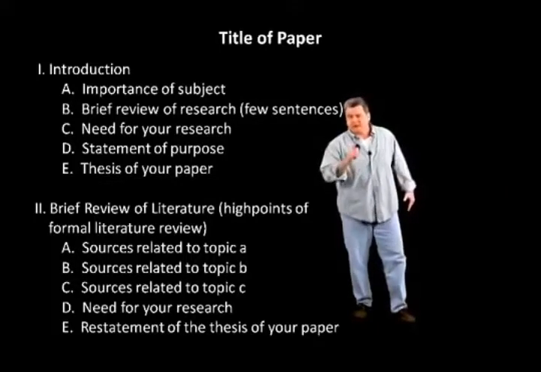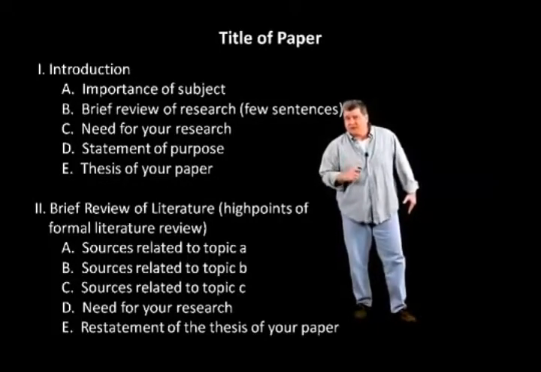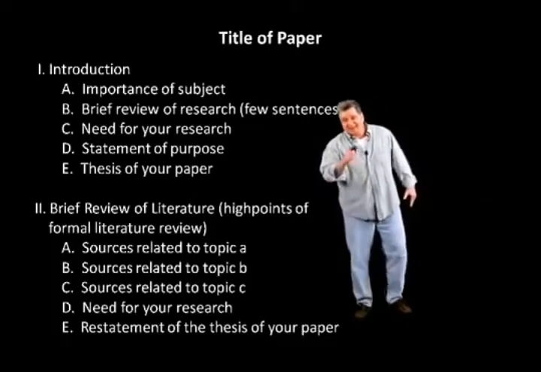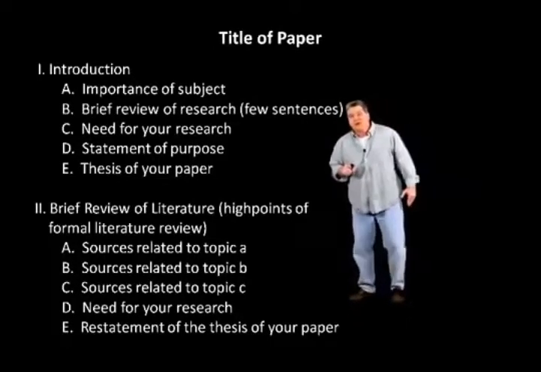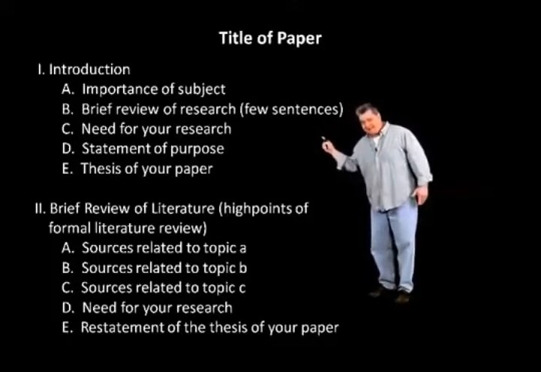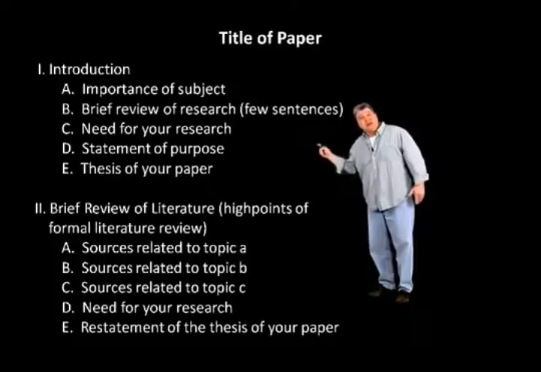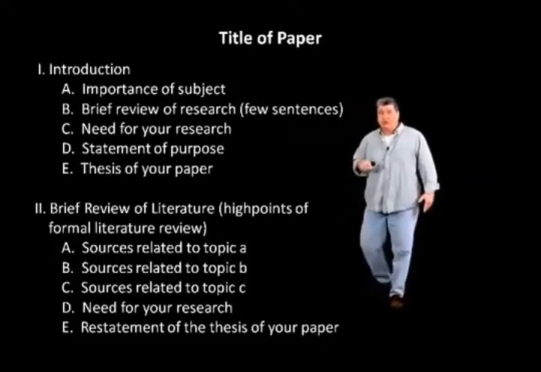This is a brief review of literature. What's the difference? Oh, about 2 to 7 pages. In this brief review of literature, you're going to hit only the highlights of what you found in your formal review of literature.